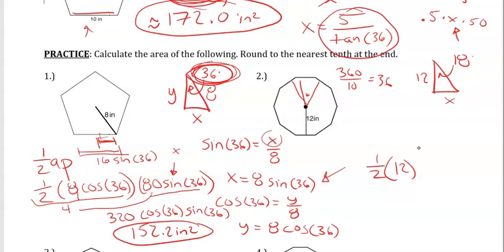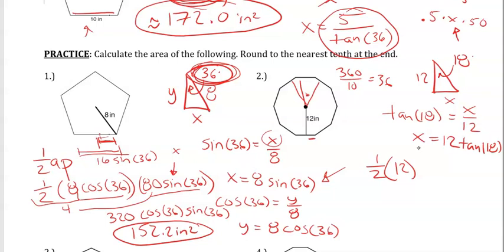All right, what trig ratio are we going to use to find out x? Opposite and adjacent is tangent. So we have tangent of 18 degrees equals opposite over adjacent. I multiply both sides by 12 to get rid of that 12. So we find out that x, half of the side, is 12 tangent of 18.